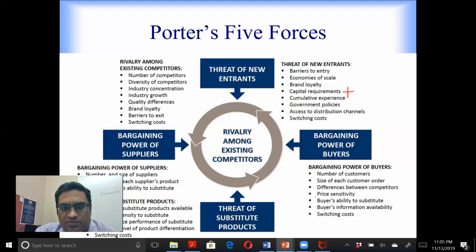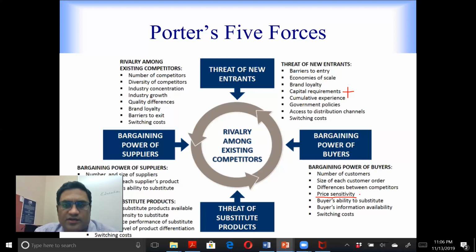So based on this price sensitivity, you have to do the research and find out what the marketplace looks like. If the buyers are very price sensitive, then you may not be able to charge them whatever you want.